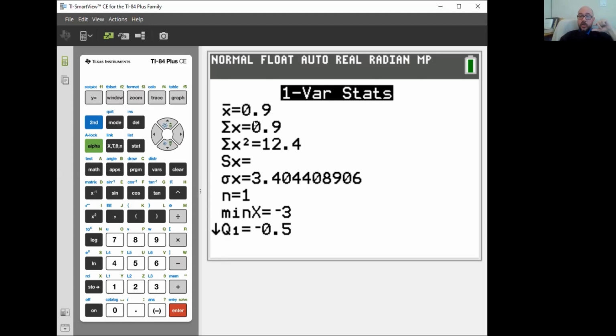So the calculator knows when you use a frequency list that it is not getting a sample, that it's instead getting a population probability distribution. And so it only gives you sigma, which we'll talk about in a second what that means, but it means pretty much the same thing as it did in the other case where we found standard deviation when we just had a list of data.